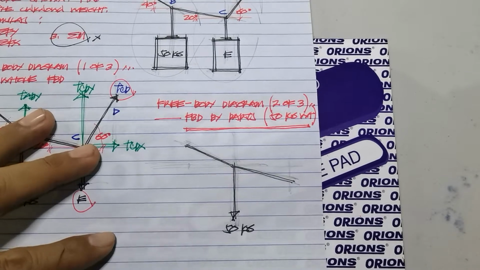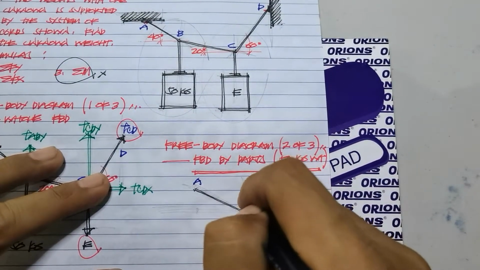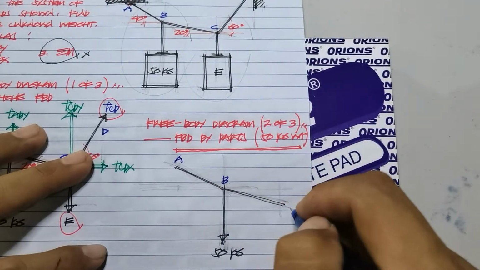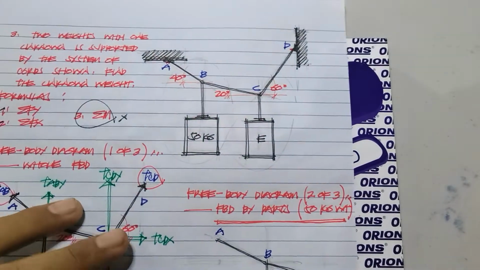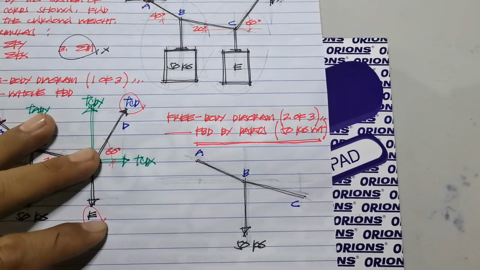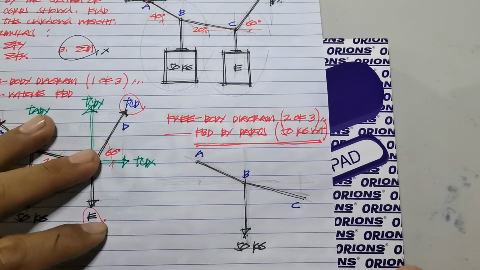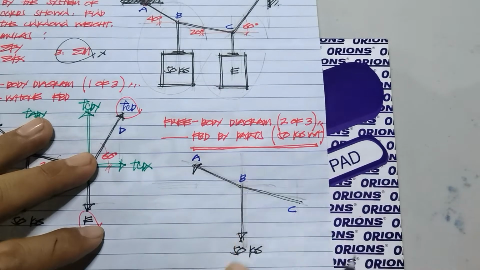Again, this is location A, this is location B, this is location C. In this case, when we say tension, it points away from what causes the corresponding tension, which is the weight. So in this case, TAB going up.